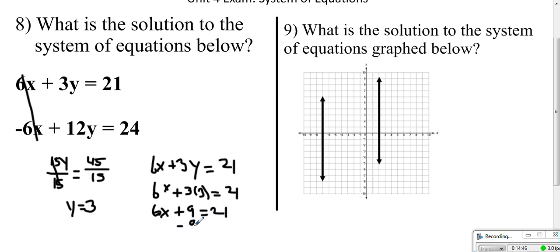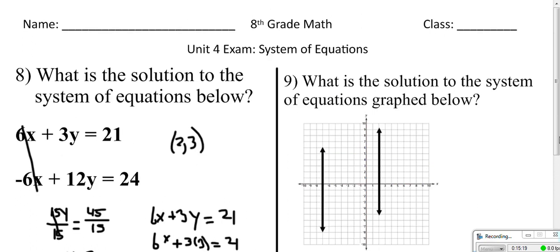You subtract 9 from both sides. You get 6x equals 12. Divide by 6 on both sides, and x equals 2. Awesome. So 2 comma 3, all right, is where the lines intersect.